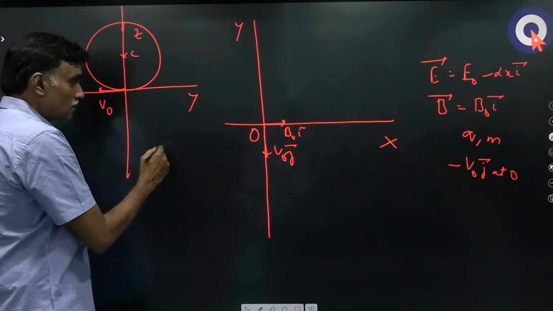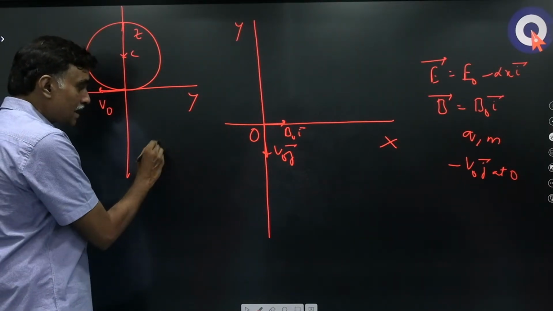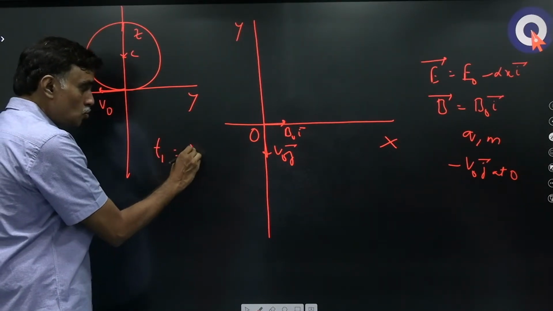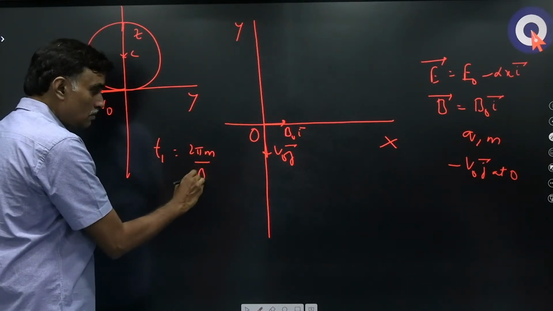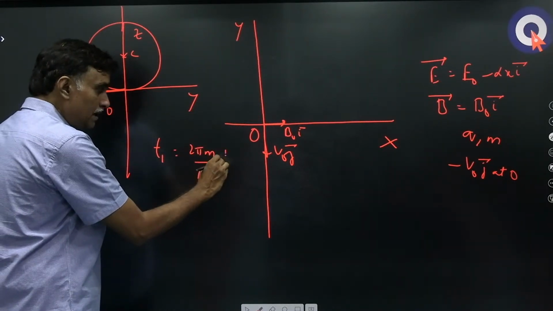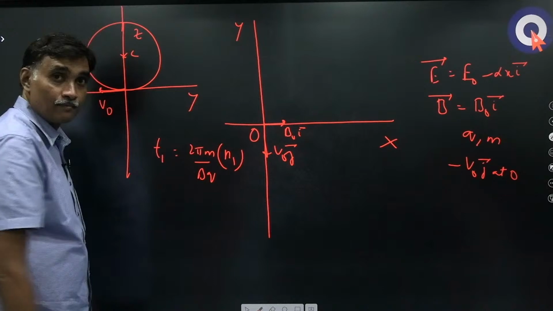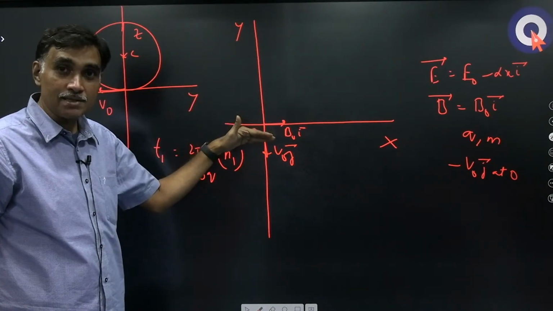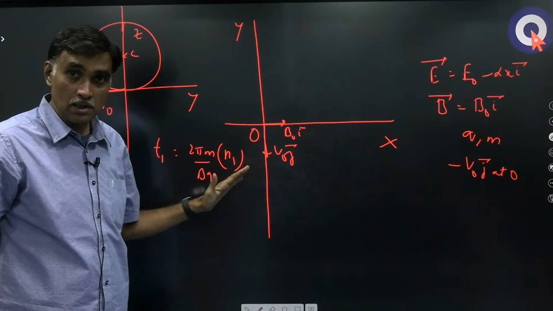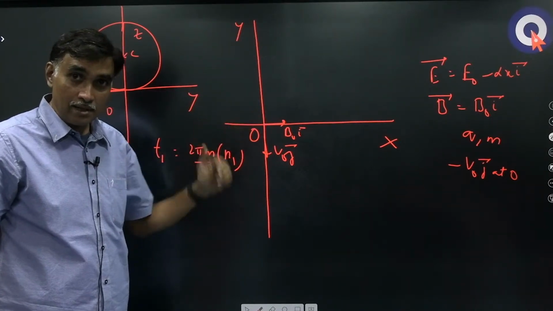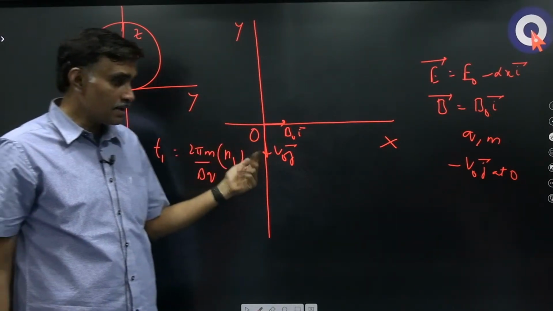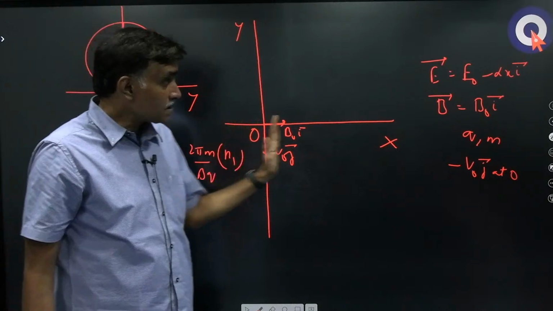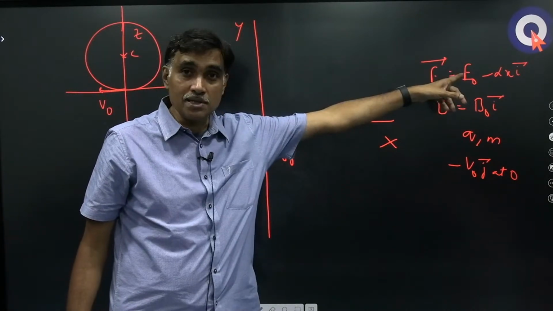After what time can it touch the x axis? Let us say t1, that is 2 pi m by Bq into some integer n1. If it completes 2 circles and touches the x-axis, n1 is 2; 1 circle, n1 is 1; or 3 circles, n1 is 3, like that. But along the x-axis, how is it moving? It is executing SHM.